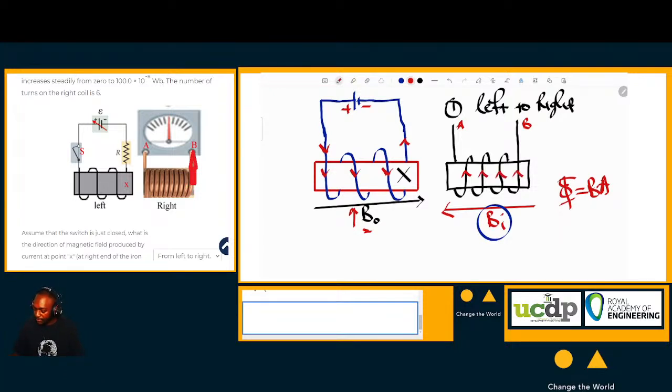Okay? Which means that our current is flowing towards B. Do you agree that our current flows towards B?